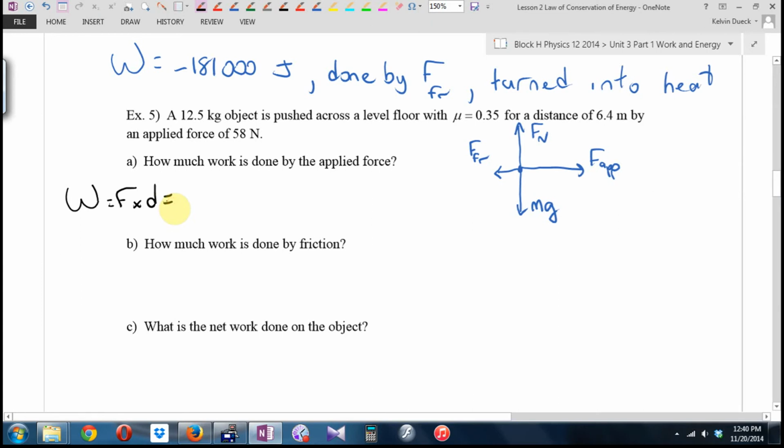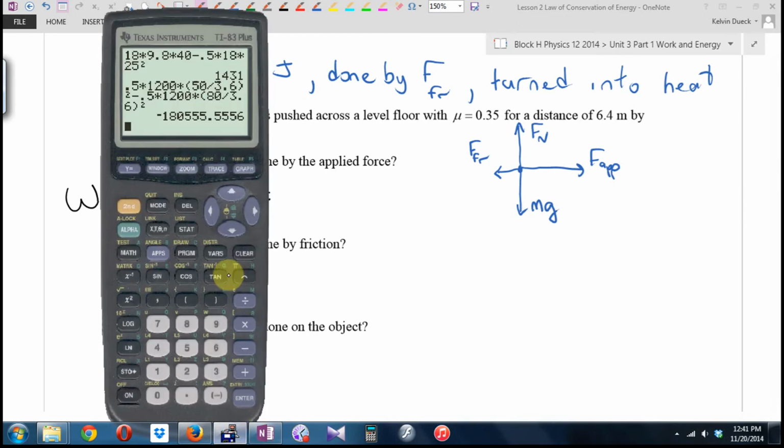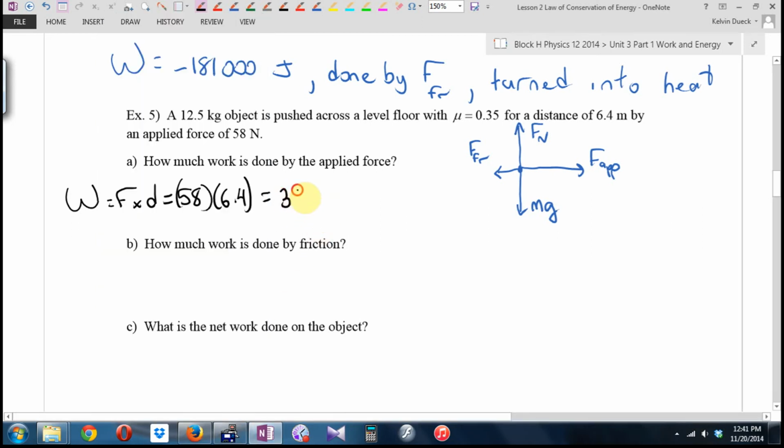The applied force. How big? Which distance? 6.4. Is the distance and the force in the same direction? Then I can do work. 58 times 6.4 is 371.2. 371 joules.